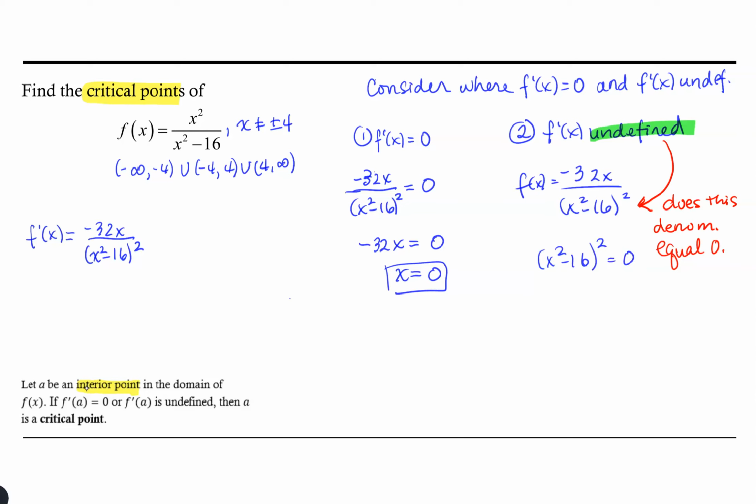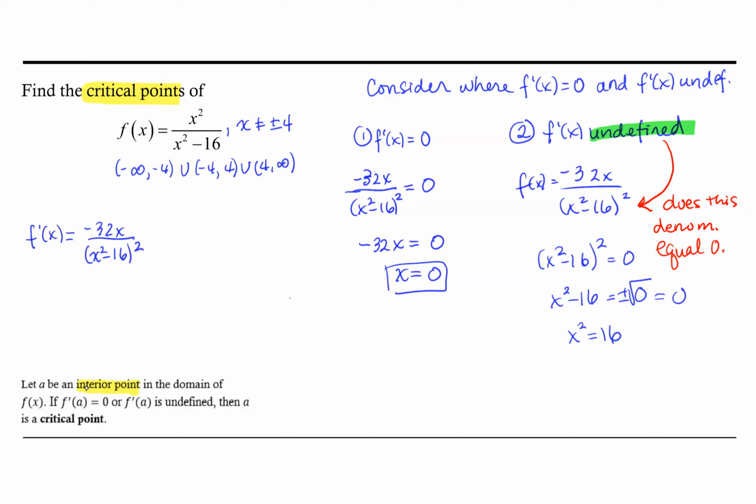We can take the square root of both sides of that equation, and we get x squared minus 16. On the right-hand side, if I take the square root, I basically have the square root of 0, so plus or minus the square root of 0. Well, that's really just 0. If that's equal to 0, we can add 16 to both sides of the equation, and this should start to look familiar. X squared equals 16.